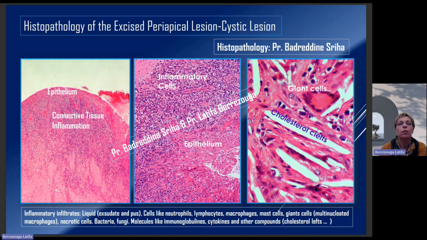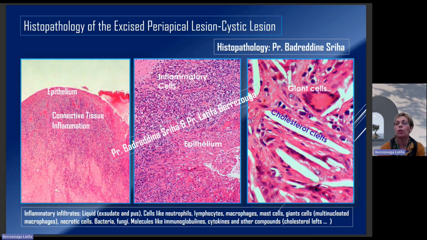So this is the inflammatory infiltrate, and this is the epithelium, okay, with magnification, stratified epithelium. And this is really characteristic of cystic lesions, even if in granuloma lesions we may find epithelium, because the epithelium is also the consequence of the inflammation.